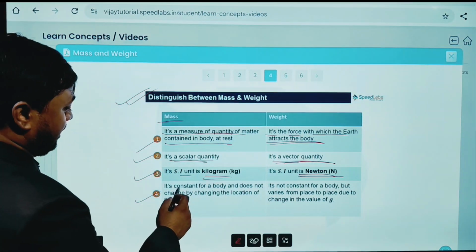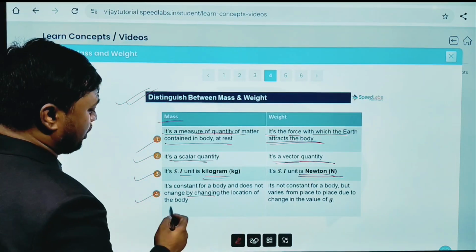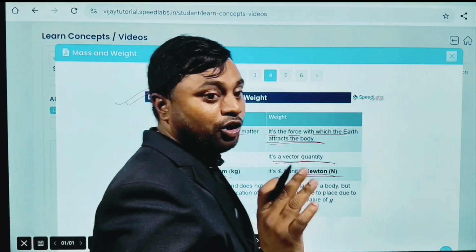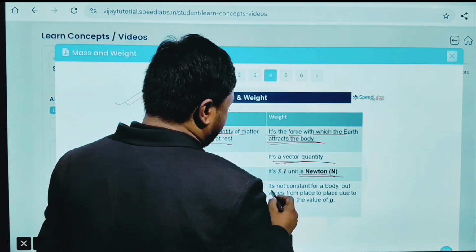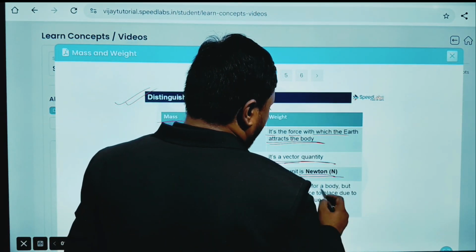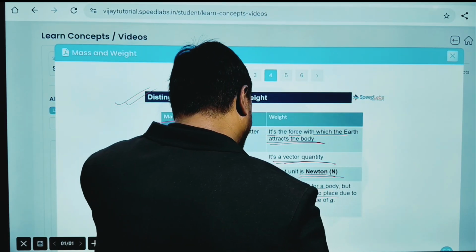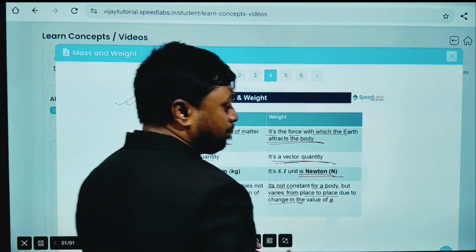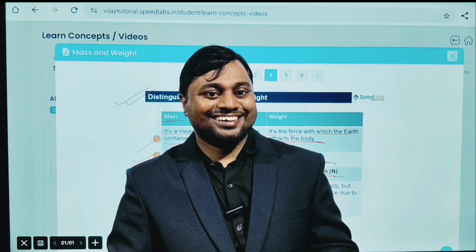Mass is constant for a body and does not change by changing the location of the body. The mass of the body does not change on changing the location, whereas weight is not constant for a body but varies from place to place due to change in the value of g. Mass of the body cannot be 0, but weight of the body can be 0.